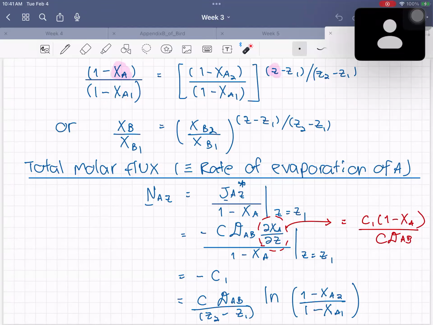Besides that, they can also ask you the molar flux, or in this case the rate of evaporation of A into the gas B. So you just apply the big N right here. At the end, when you solve it, it will be the total molar flux, or it can be the total mass flux as well.